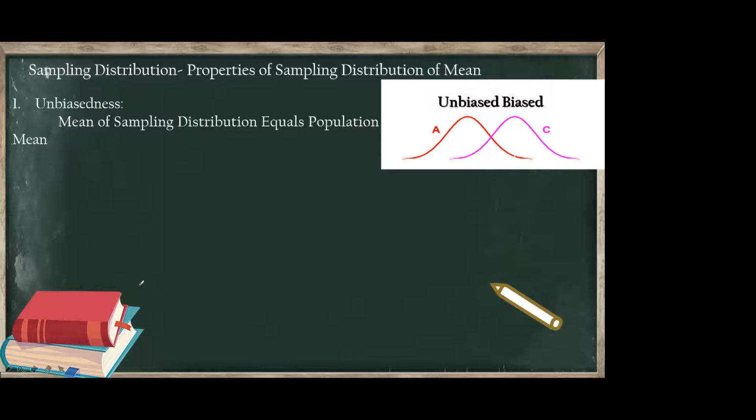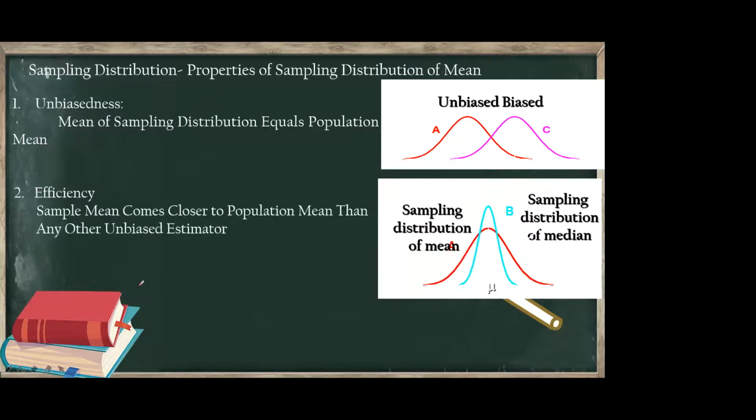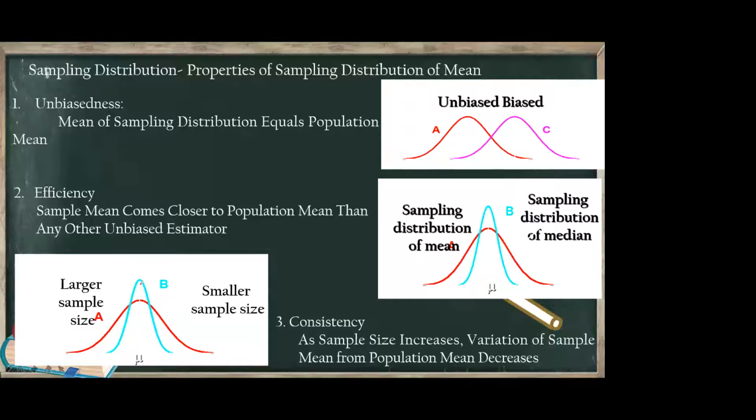unbiasedness, which means that x bar equals mu, or x bar tends to mu, the mean of the sampling distribution equals the population mean. We talked about efficiency. So these are the properties of the sampling distribution: the mean is the best, and closer to the population mean than any other unbiased estimator.